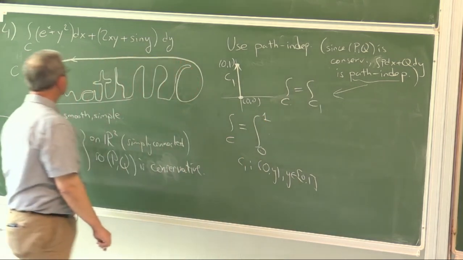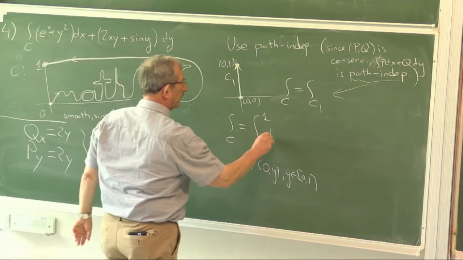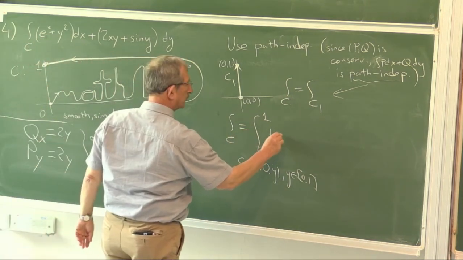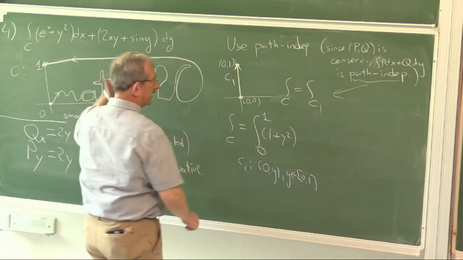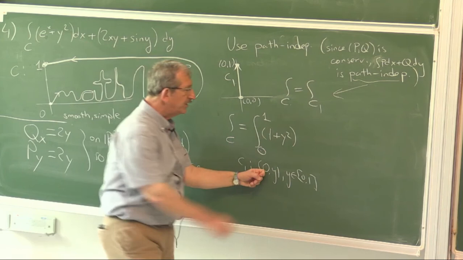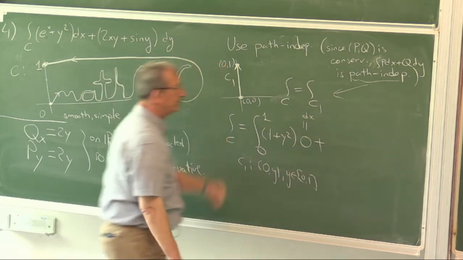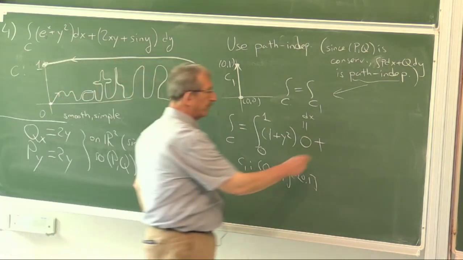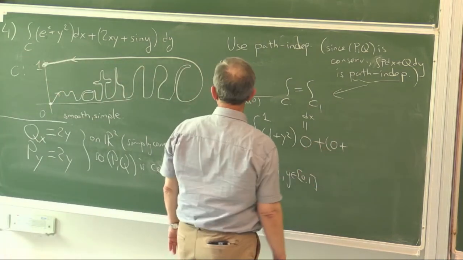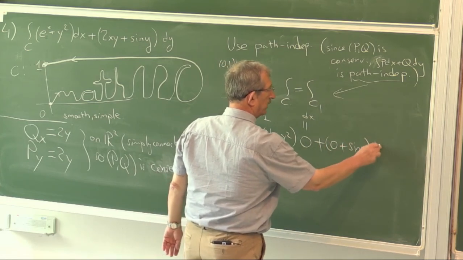Now let us look at inside. Okay, x is constant and 0 all the time. So this is 1 plus y squared. Y is y. And we have dx. But x is constant and 0, so dx becomes 0. 2xy, well, x is 0. And sine y dy.